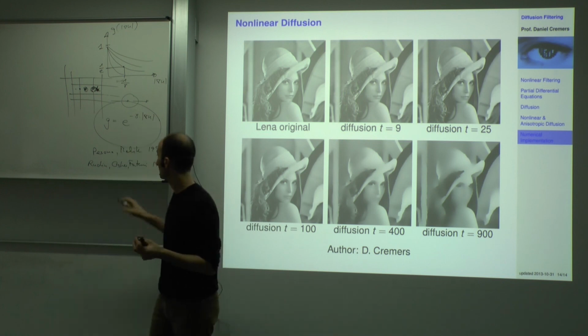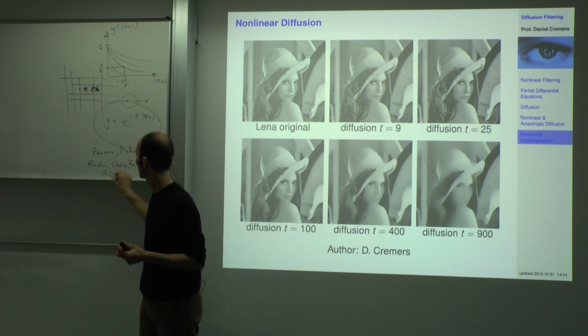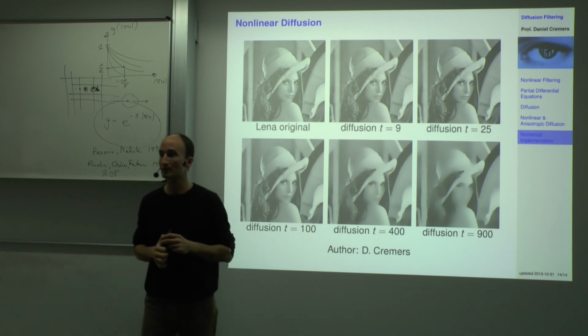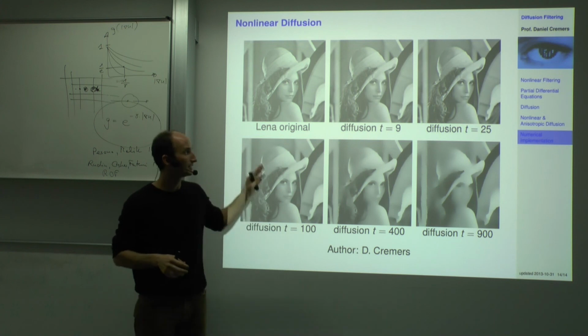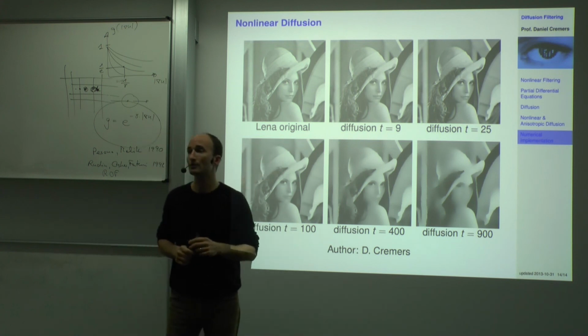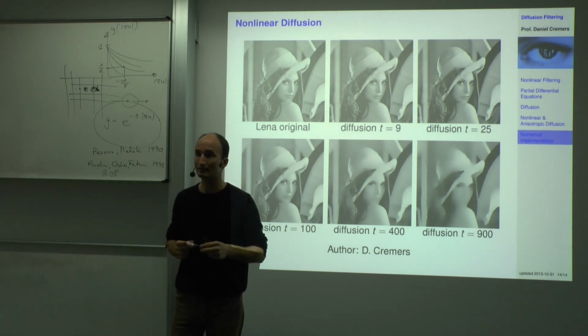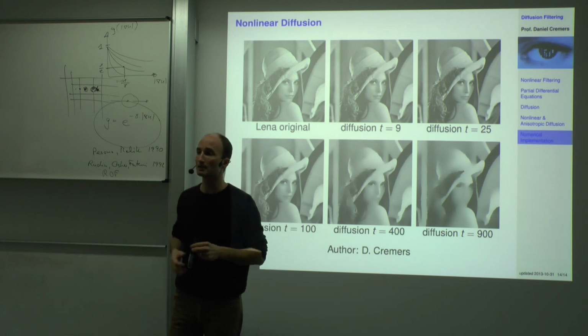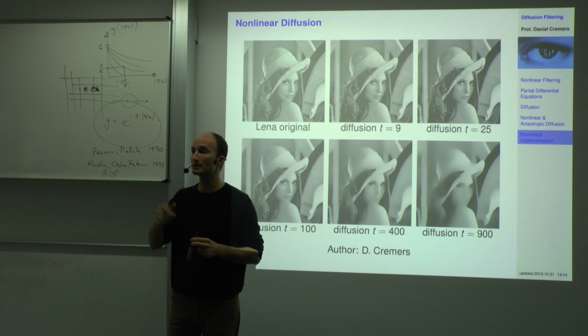This so-called ROF model is also, we'll see, a nonlinear diffusion process that is qualitatively similar to the Perona Malik but slightly different in the formulation and has a lot of different mathematical consequences. Yes?